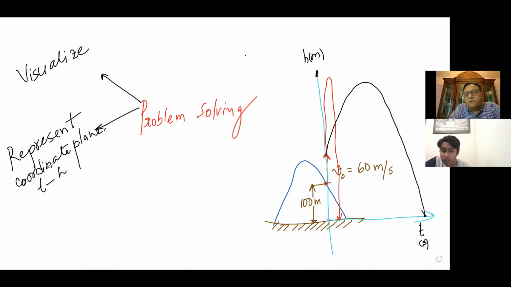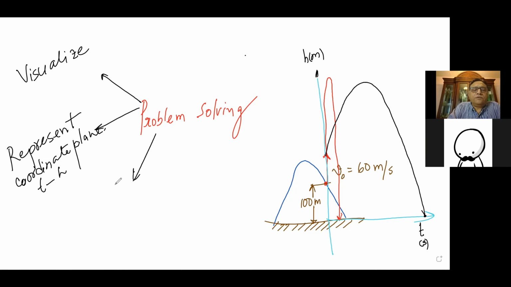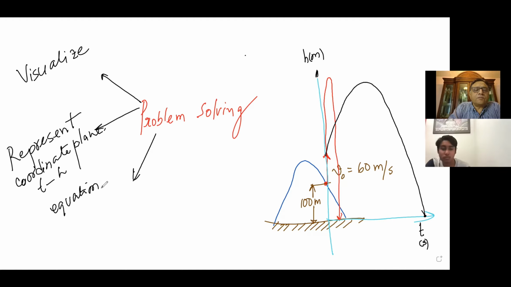Now, once we have represented it, we also need to find the equation, right? How do we find the equation to solve? To find the equation, we may have to use some assumptions.